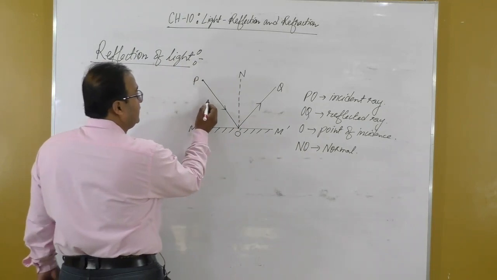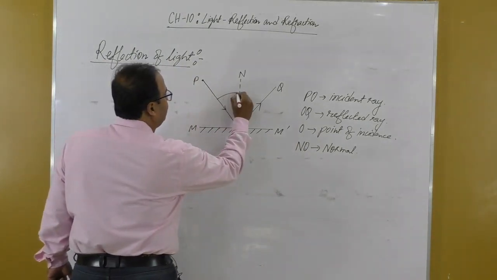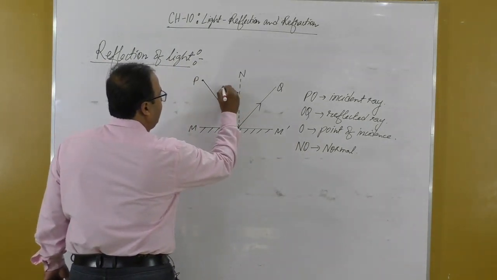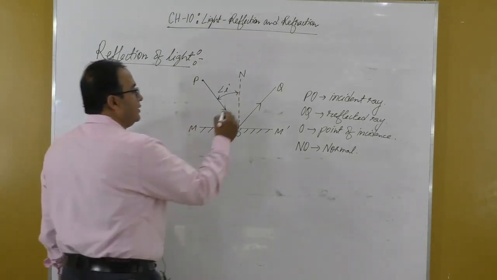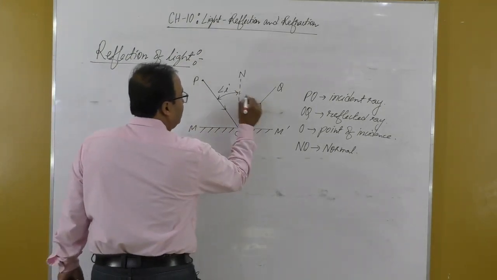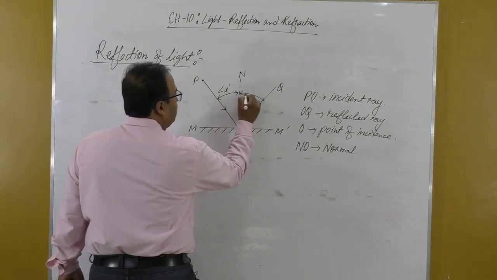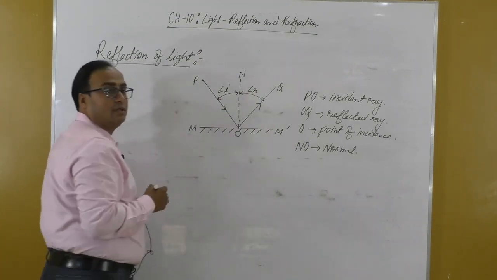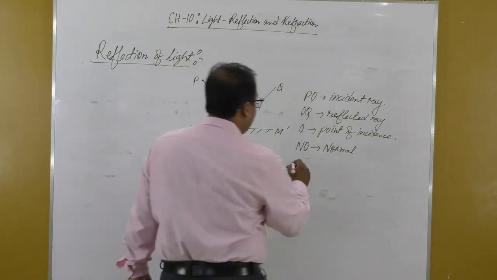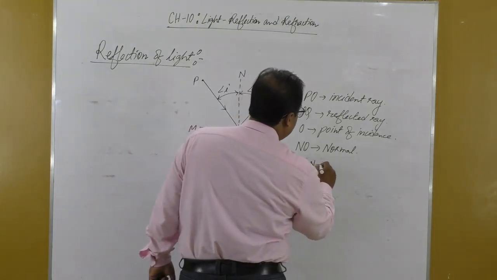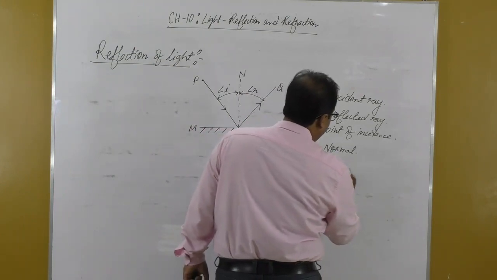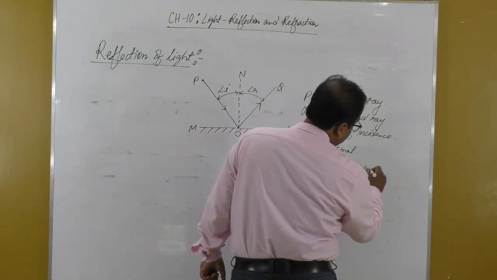Now this is incident ray, this is normal. The angle between incident ray and normal is called angle of incidence. The angle between reflected ray and normal is called angle of reflection. So here angle PON is angle of incidence.